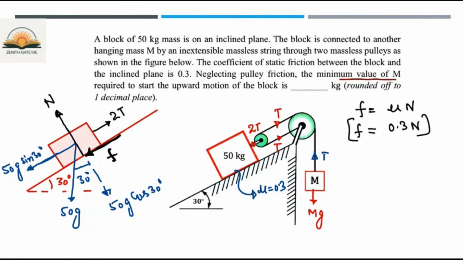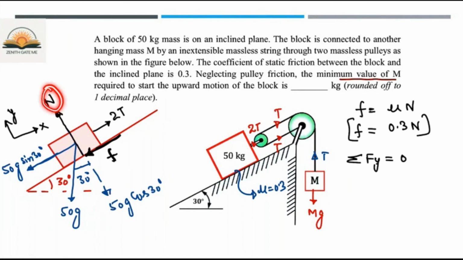Now you just write down the equilibrium equations. For simplicity, I will take the direction along the plane as the x-axis and the perpendicular as the y-axis. Summation of forces in the y direction is equal to 0.